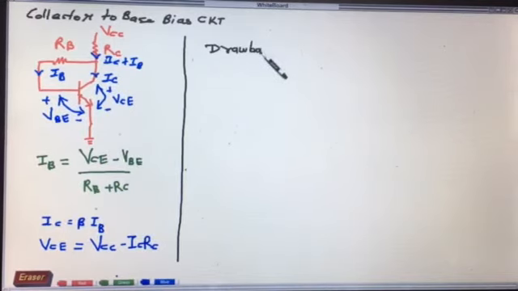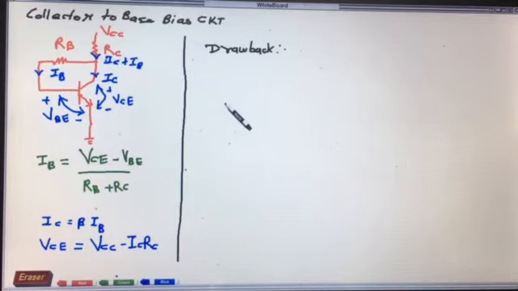Here the circuit has the tendency to stabilize the operating point against the variation in temperature and the value of beta, while it has some drawbacks.